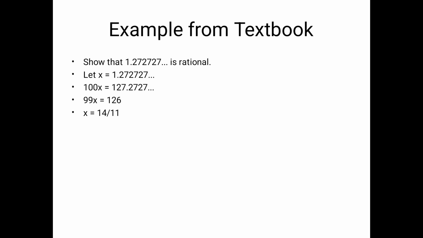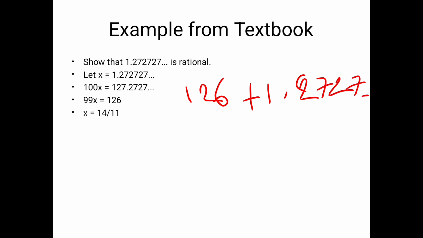So what is x? x is 1.2727. To obtain 1.2727, I have to write it as 126 plus 1.2727, like that.